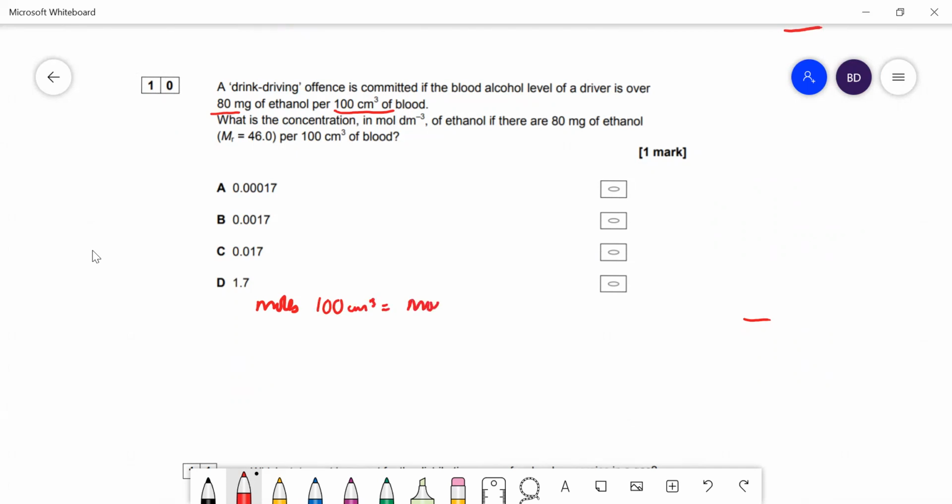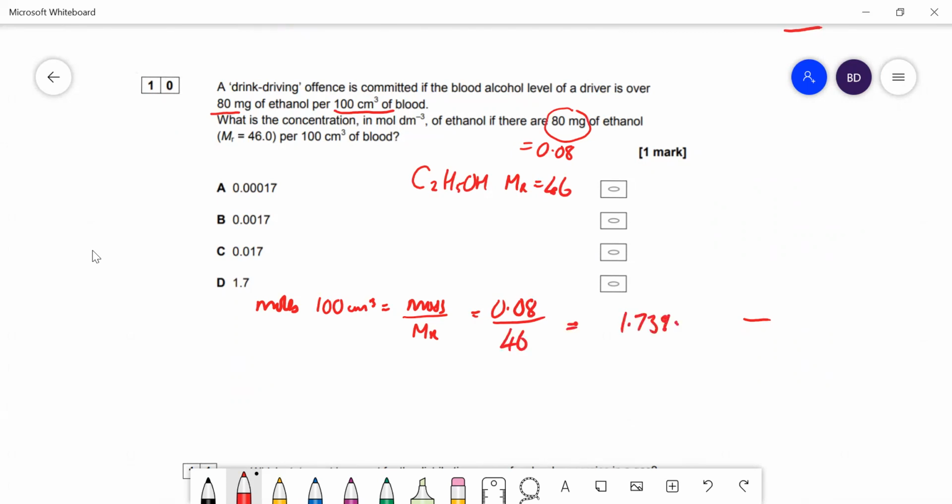That's going to be mass over Mr. The mass is 80 milligrams, so that's equal to 0.08 grams. The Mr of ethanol, C2H5OH, is 46. That gives us 1.739 times 10 to the minus 3 moles in 100 centimeters cubed.